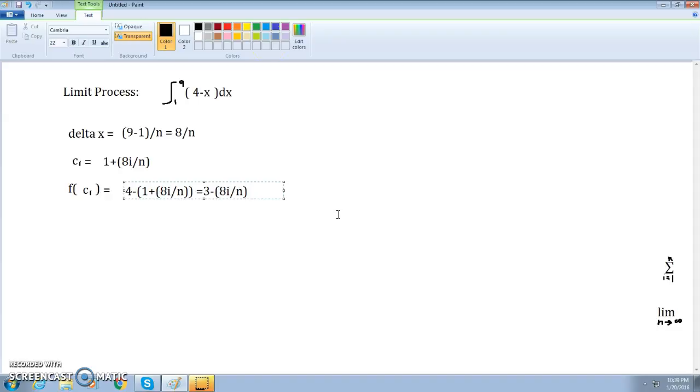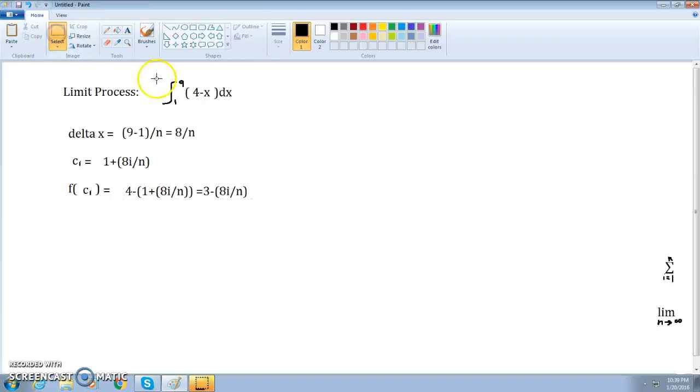So this equation up here, I'm going to move this over a little bit.